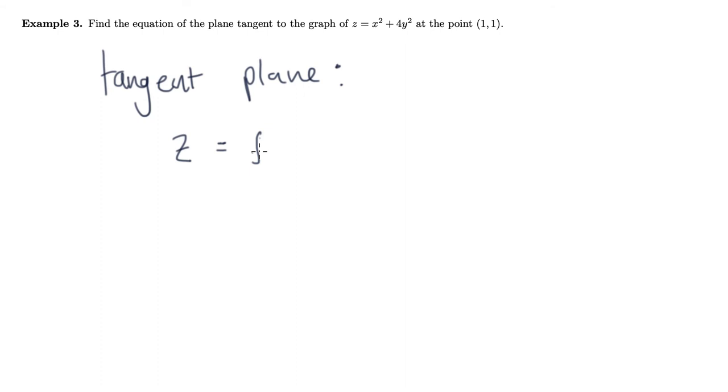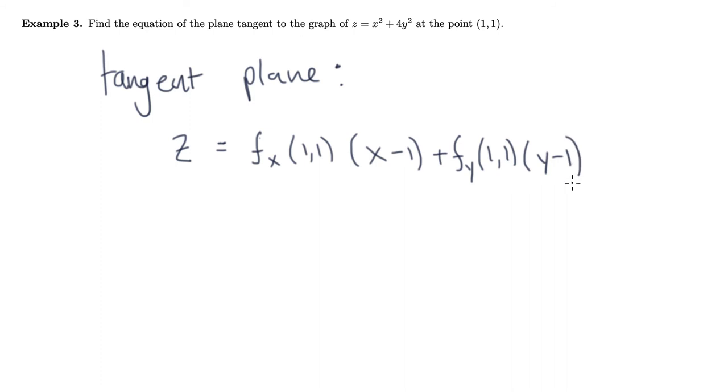You just take the change in x at that point and multiply by how far you are away from that point, plus the change in y at that point times how far you are away from the y-coordinate, and then you just translate up by wherever you are in the z-coordinate.